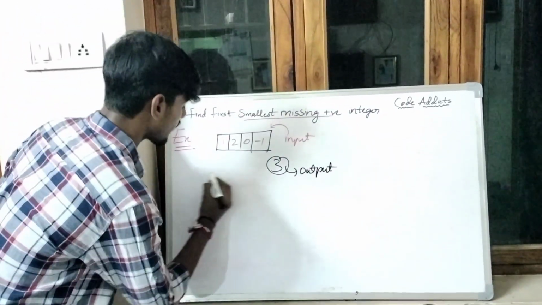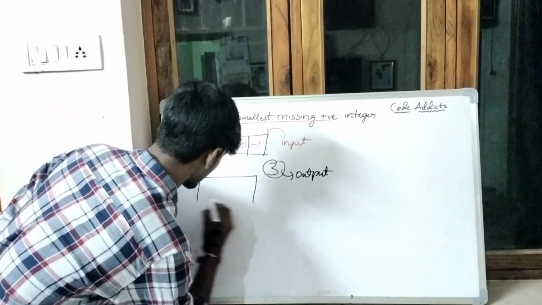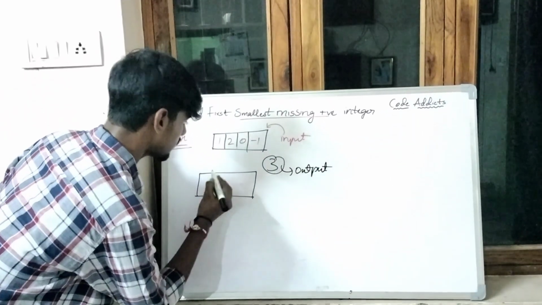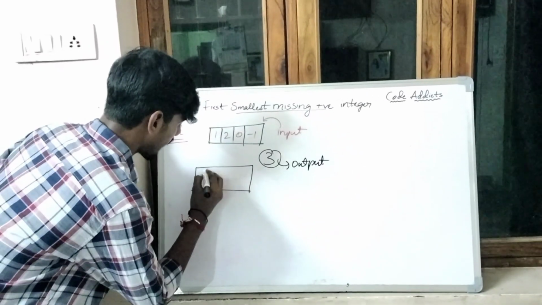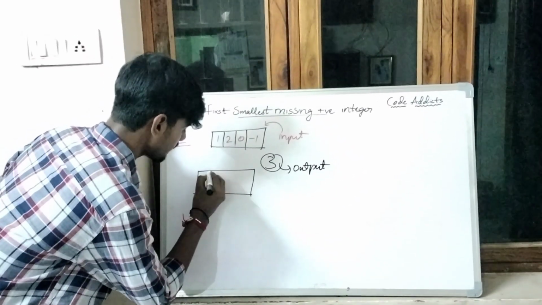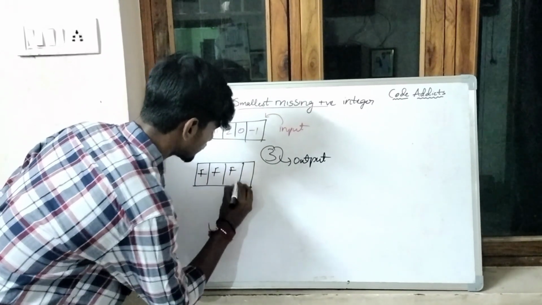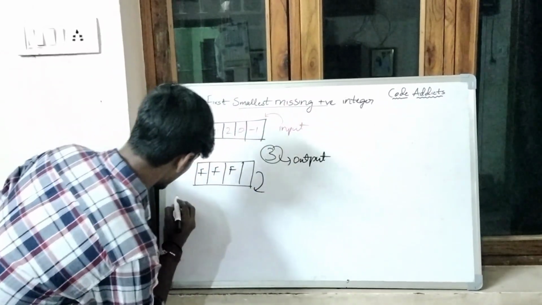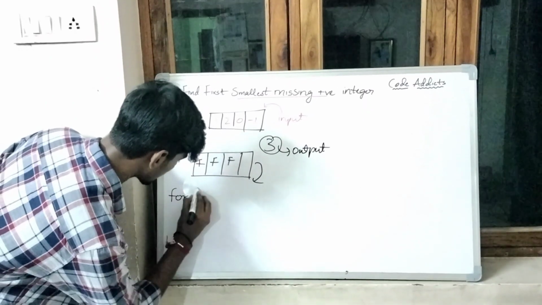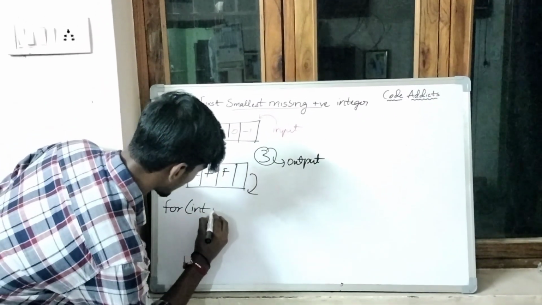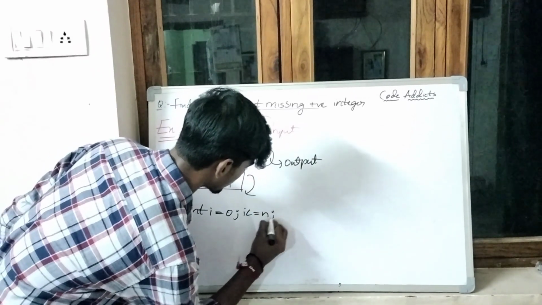So I have taken an array which consists of only Boolean values, either false or true. I will take an array which consists of all the elements as false. For this I have to use a for loop. So for int i = 0, i <= n, i++.